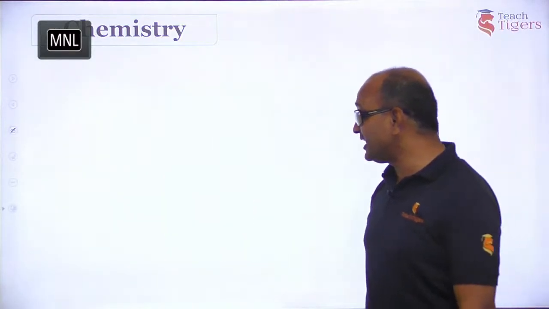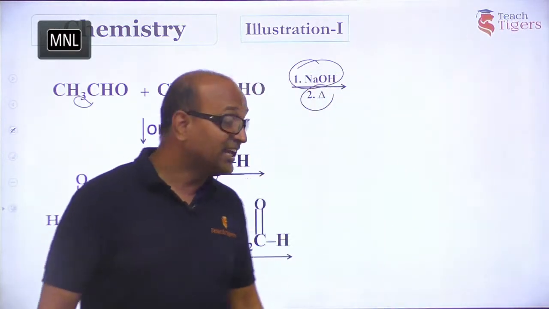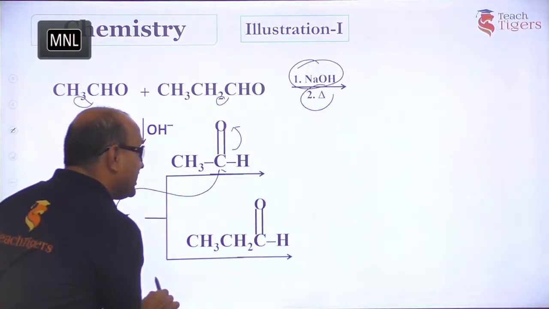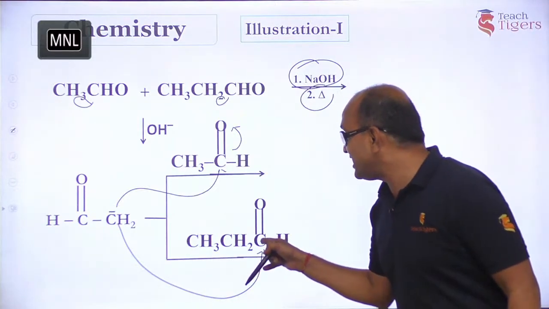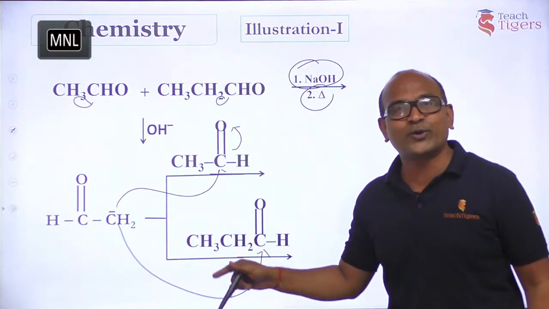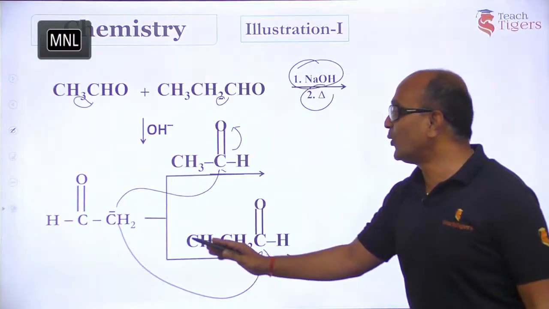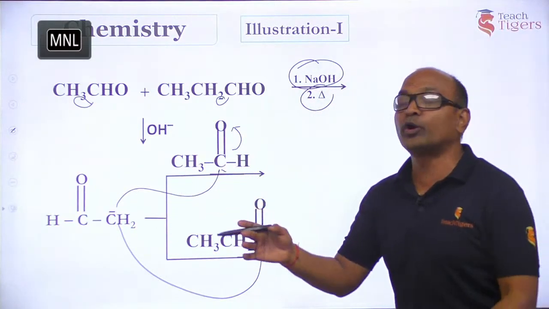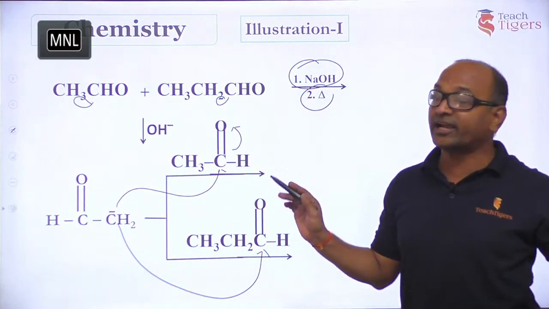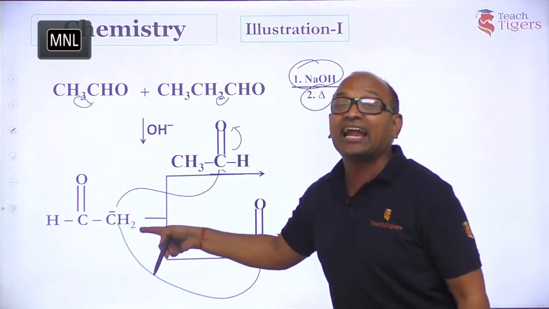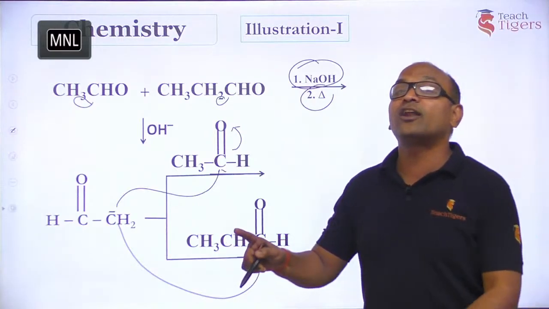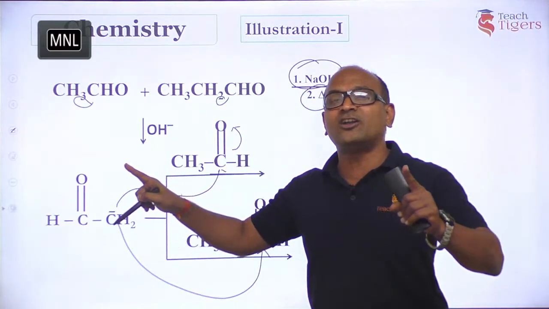But the second thing is, can you see that this enolate ion can even attack this propanal? Because this is also capable of undergoing nucleophilic attack. When the enolate ion of acetaldehyde attacks propanal, you are going to get a cross aldol product.